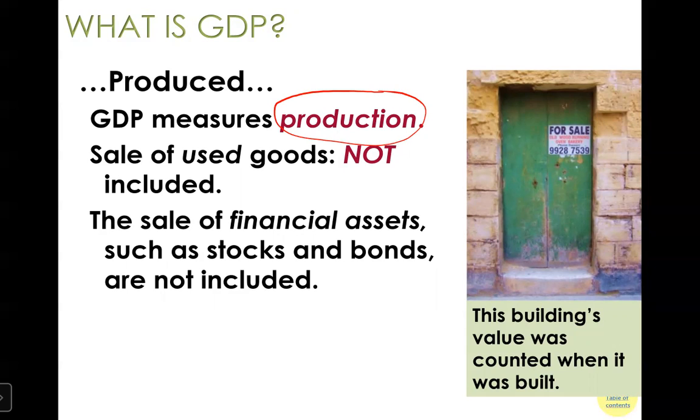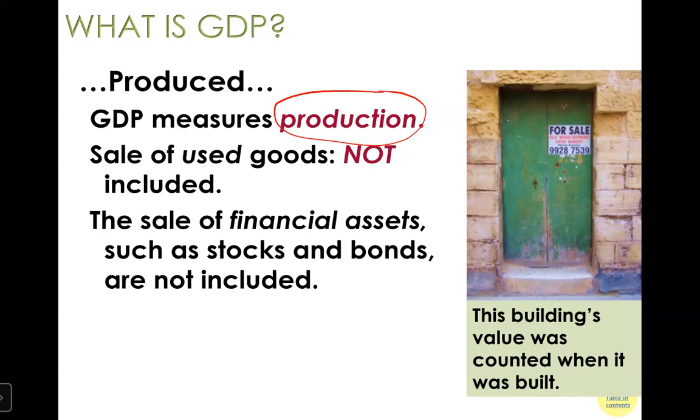The sale of used goods is not included, because used goods were not produced in the current period. They were included in the GDP of the year they were produced.